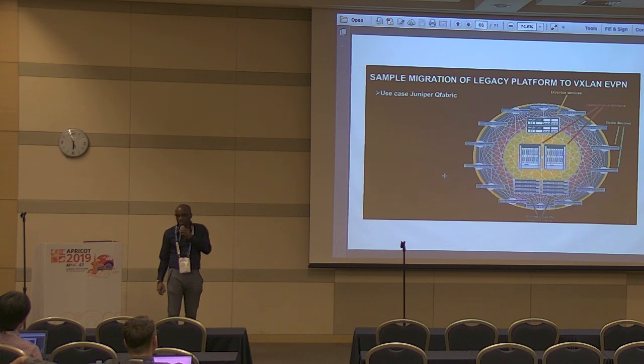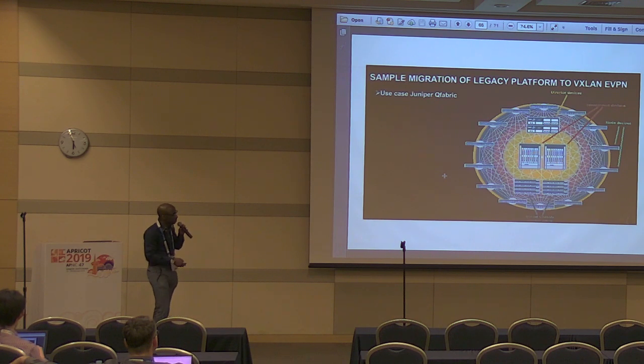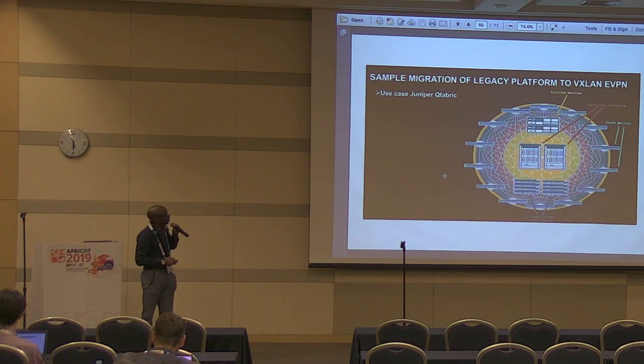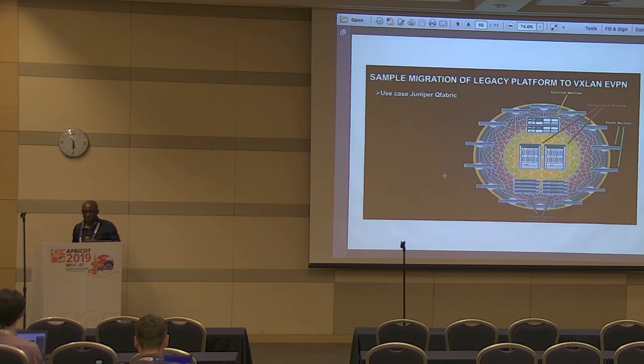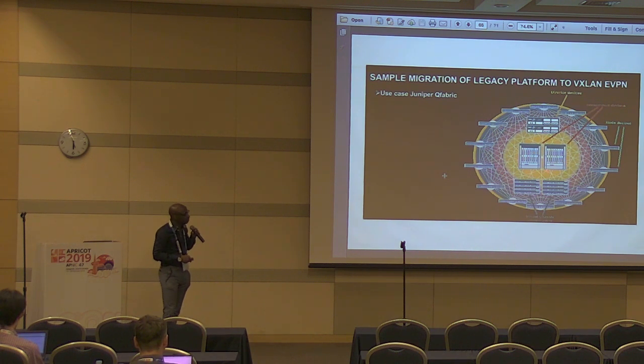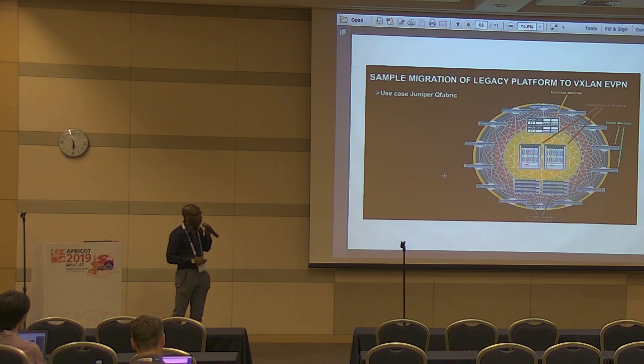So here, I've chosen Juniper QFabric, and then to migrate that Juniper QFabric to an EVPN VXLAN design. To put things in context, the Juniper QFabric is actually an Ethernet fabric, so it's got a lot of moving parts.